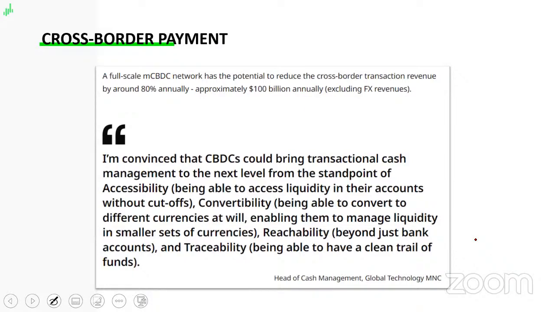There is a very big potential to improve remittance and cross-border payments by using central bank stablecoins. And according to them, it can reduce by 80% the transaction fee that people are paying when they do remittance.